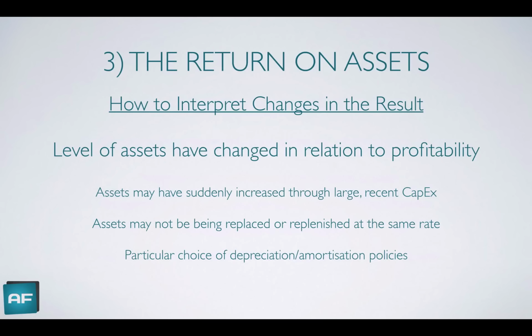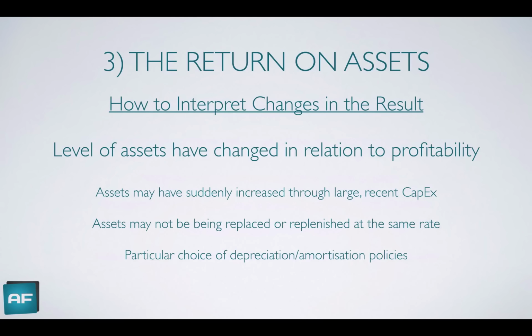The new assets haven't become profitable yet, so there could be a change in the level of assets from capital expenditure without a corresponding increase in profitability as yet. That's if assets are increasing. If assets are decreasing, this may mean that assets aren't being replaced or replenished at the same rate. So assets are falling without a change in profitability.